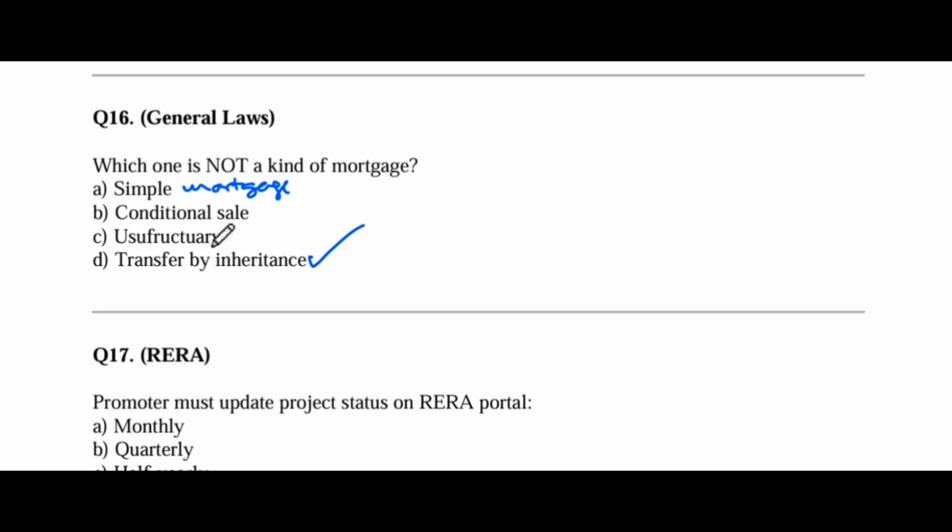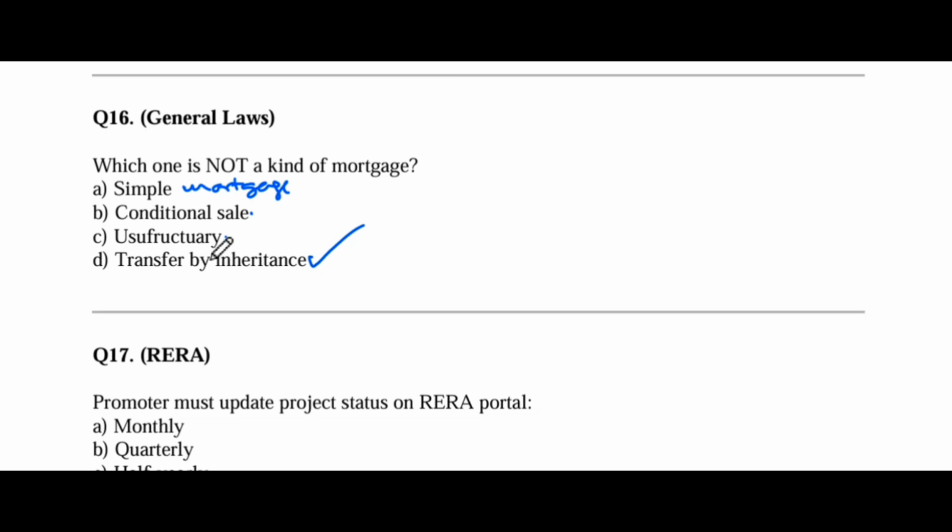So the conditional sale: the seller sells the property on the condition that if the loan is repaid by a certain date, the sale becomes void. And usufructuary: the borrower gives possession of the property to the lender, who receives rents and profits from it in lieu of interest or principal for the repayment.